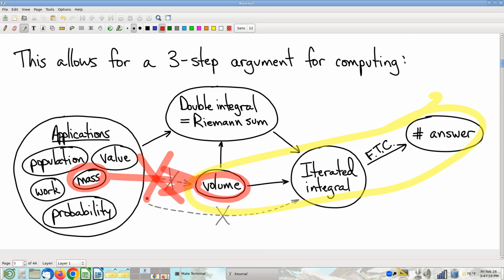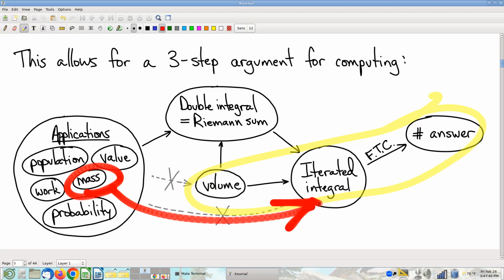I can't just assert out of nowhere that, you want to compute mass distributed over a region? Well, I claim it's a volume. Why? The volume of what? Why would it be a volume? Doesn't make any sense. And you furthermore can't take a mass question and immediately argue it to be an iterated integral. That's where we ended last time.